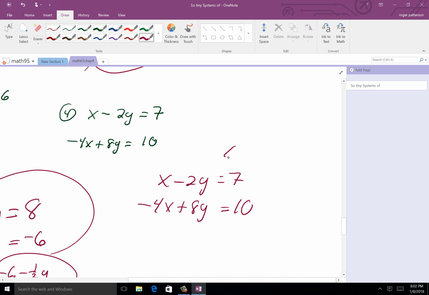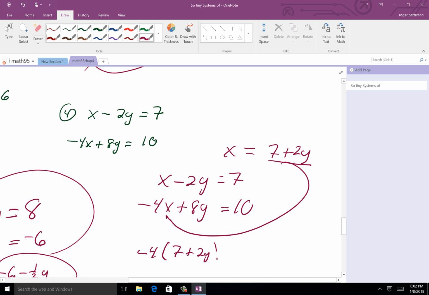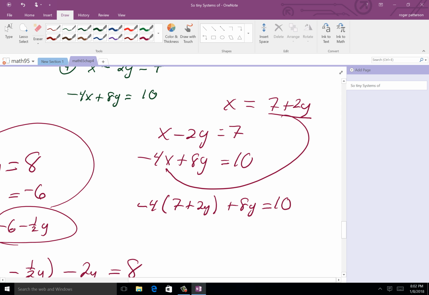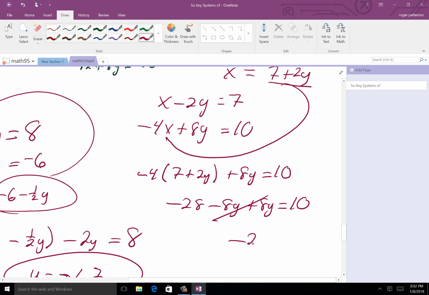So we're going to get x equals 7 plus 2y. We're going to put that into here. And something happened, and nobody said anything, but something happens again. Negative 28 minus 8y plus 8y equals 10. What happens to the 8y's? They're gone. And we get negative 28 equals 10.